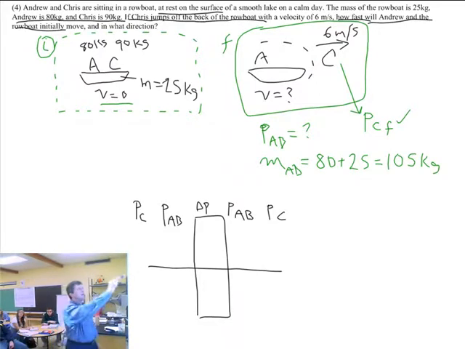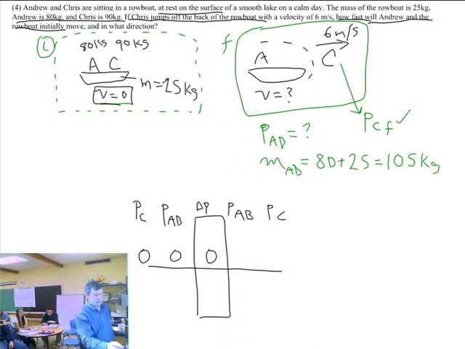I have the earth pulling down on these objects and the surface of the water lifting them up. There doesn't appear to be anything outside the system making any changes to the total momentum of the system. So there's no unbalanced forces. The change is going to be 0. I know that the initial momentum of Chris is 0, not moving. And I know the initial momentum of Andrew and the boat is 0.